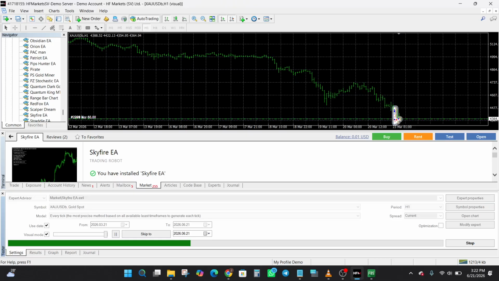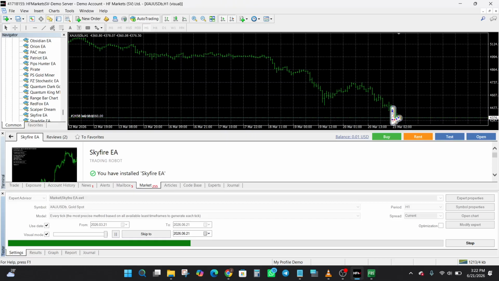From a strategy perspective, the historical chart activity can be reviewed alongside the developer's explanation of targeting opportunities after rapid directional moves. However, because the marketplace information does not provide a complete breakdown of the internal trading logic, it is important to avoid drawing conclusions beyond what is directly observable from the results and charts being reviewed.